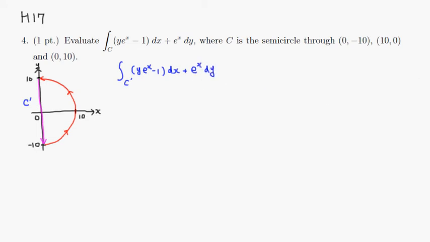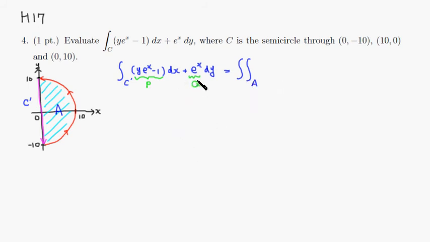So we know that this guy right here is our P, and this guy right here is going to be our Q. By Green's theorem, we have a double integral over this region. I'm going to call this a semicircular region, and let's call it A. So this is over that region A.